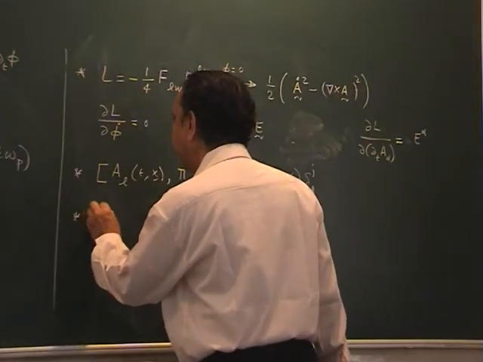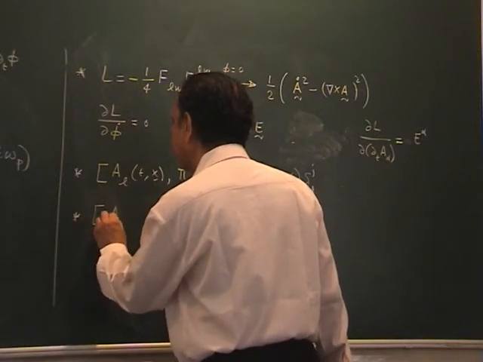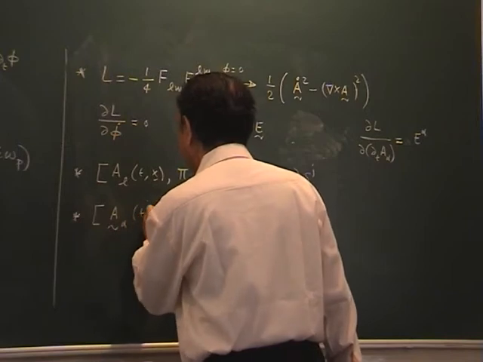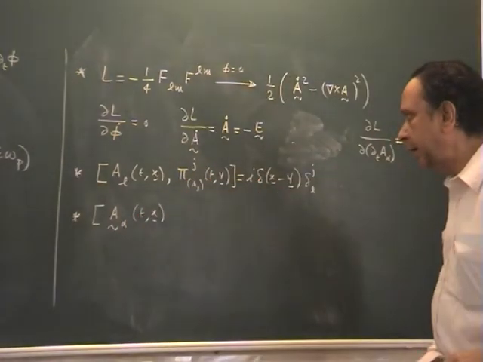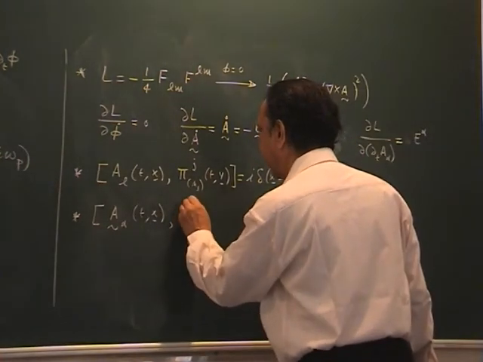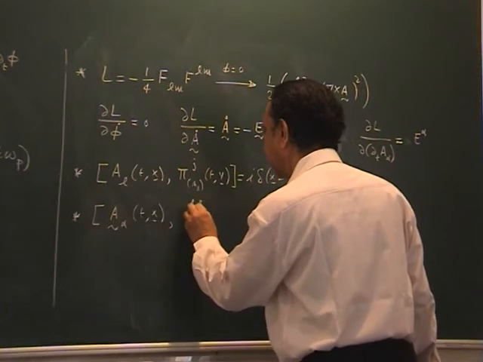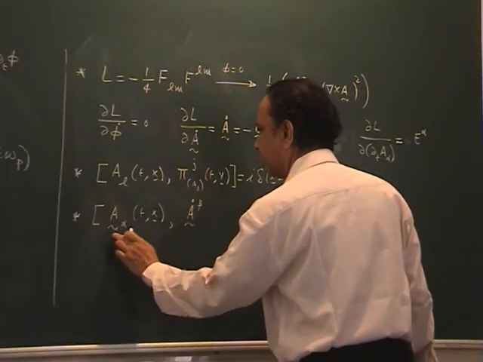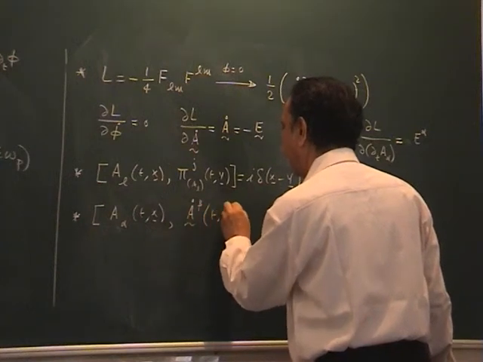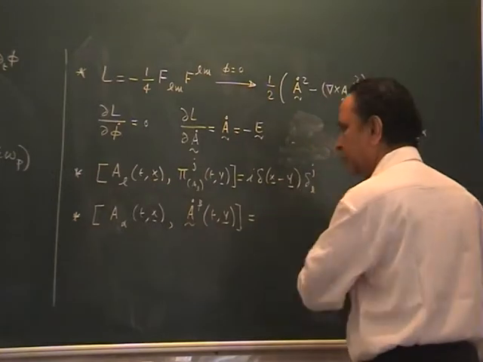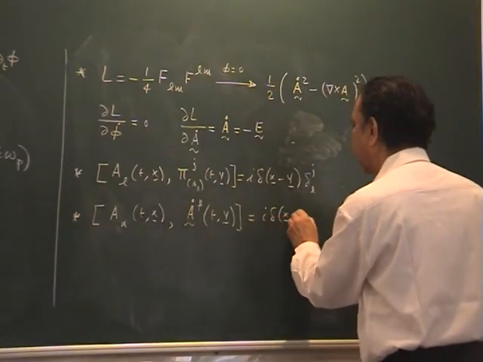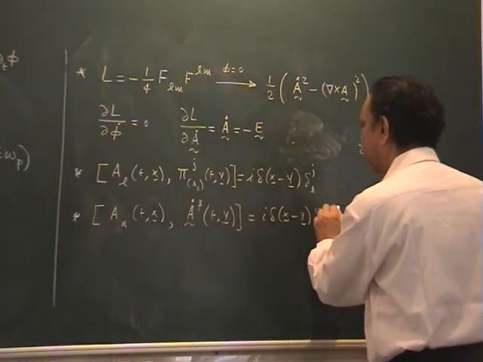So what we want to do now is that let us assume A alpha (t, x) and its corresponding canonically conjugate momenta is A dot, let us say beta, at (t, y). And we want to impose that this is equal to i delta(x minus y) delta of beta alpha.